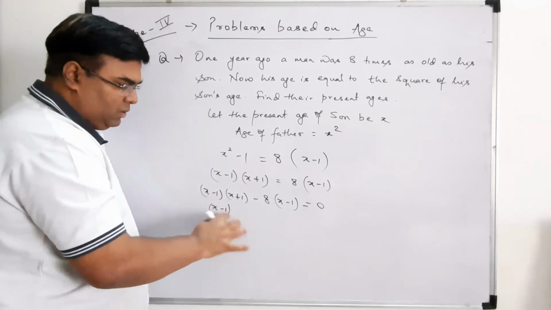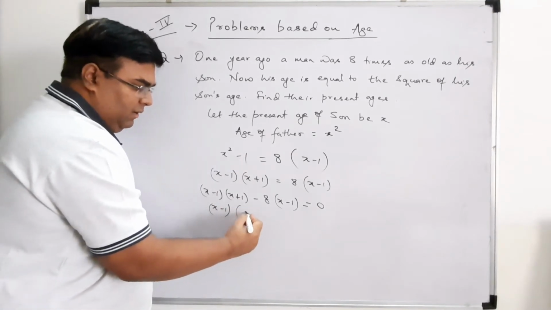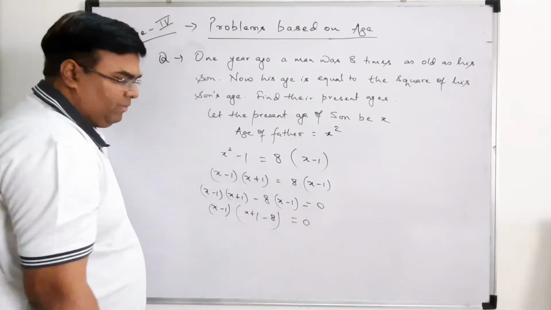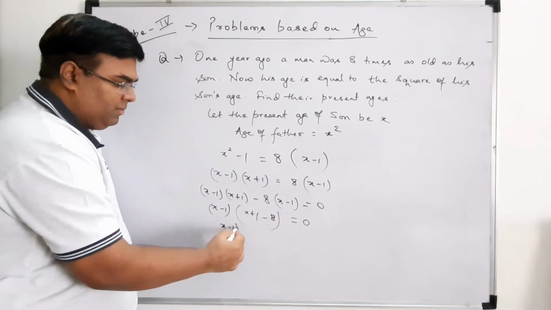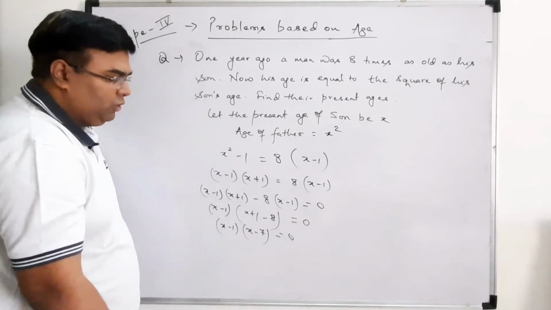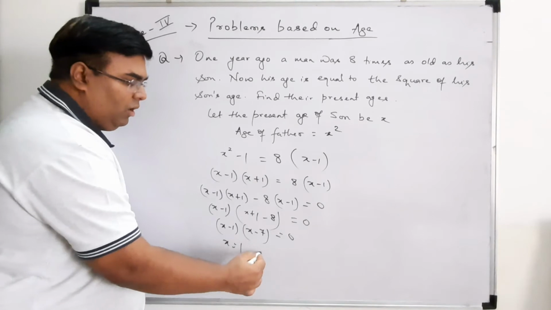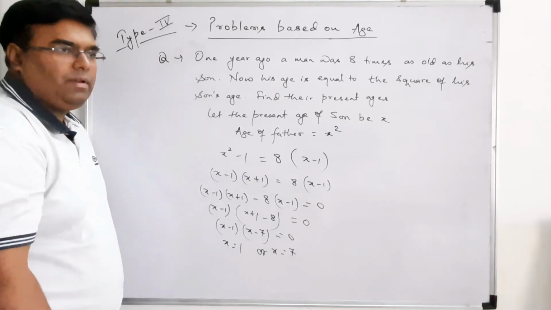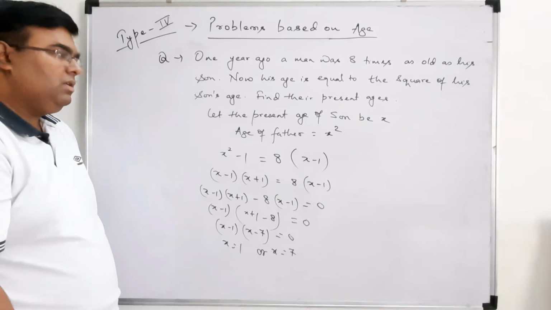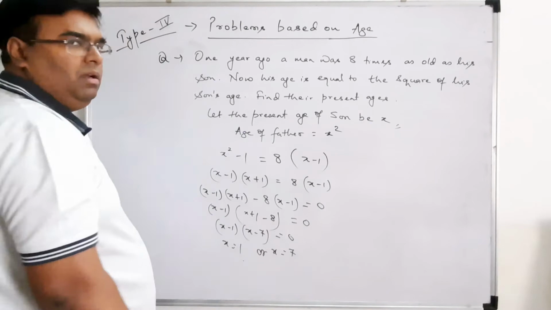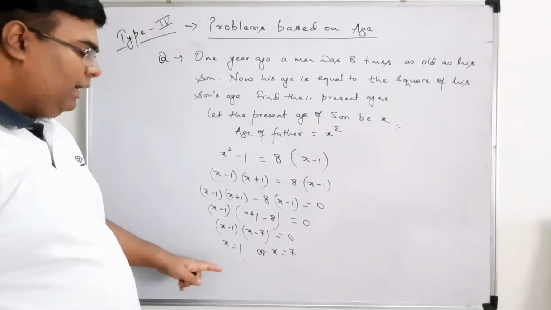So x minus 1 and then x plus 1 from here, and minus 8 from here. So it will be x minus 1 and x minus 7. So either x is equal to 1 or x is equal to 7. Now it means the son's present age can be 1 or it can be 7. 1 is not possible.